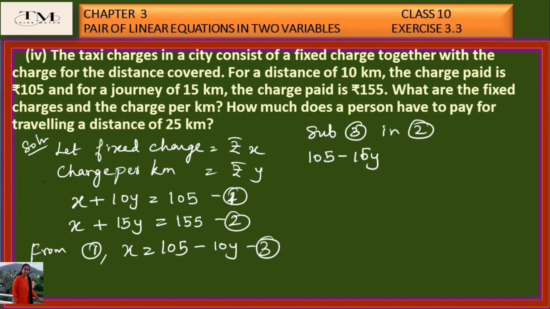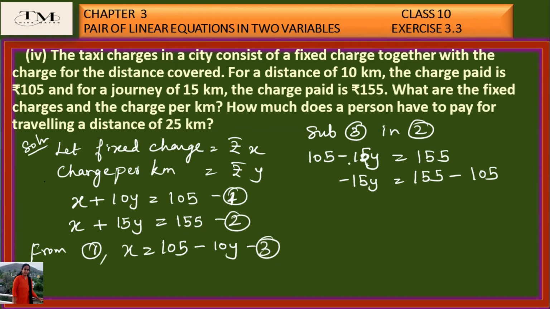So I'm sorry, it is 15Y equal to 155. So minus 15Y will be this side. Here 155. This plus 105 will become minus 105. So what is the answer? So as we are getting in negative?